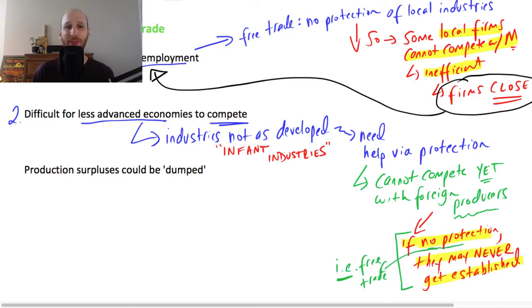established. A last disadvantage is where production surpluses, so extra production that is not needed or is surplus to requirements, could be dumped. What do we mean by this word dump?